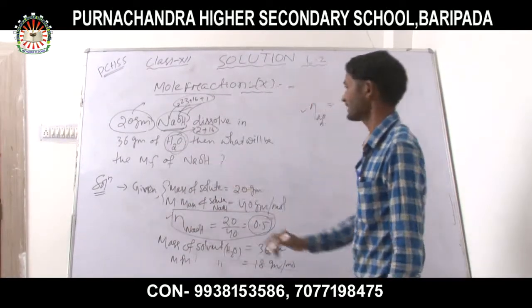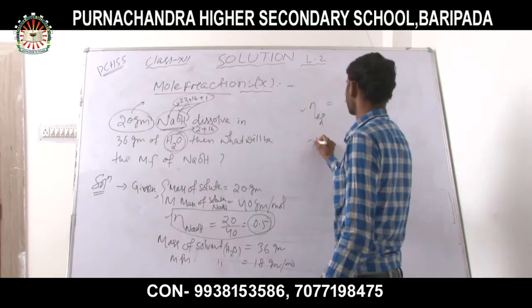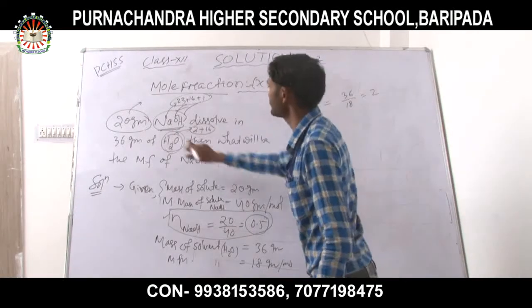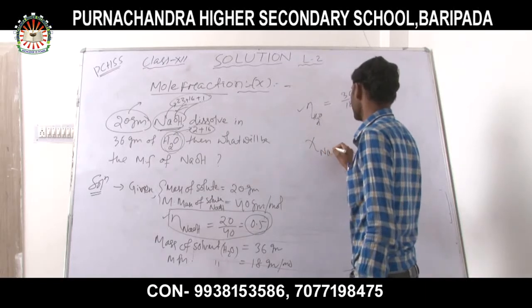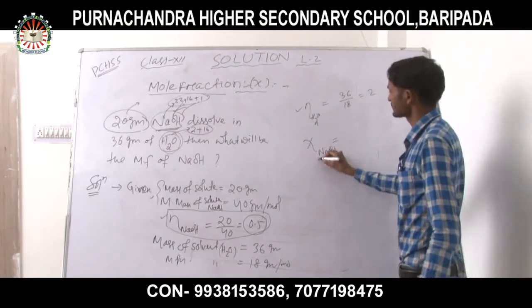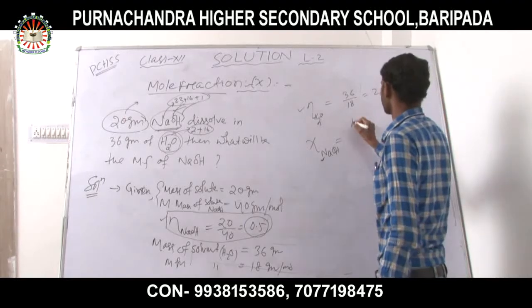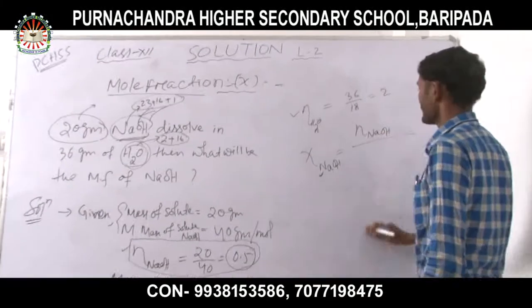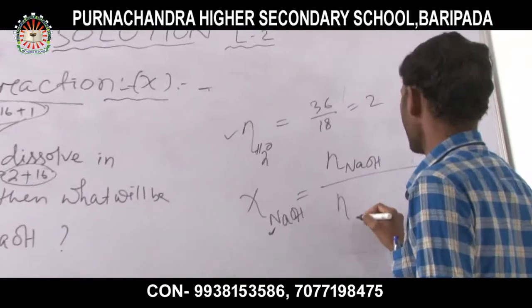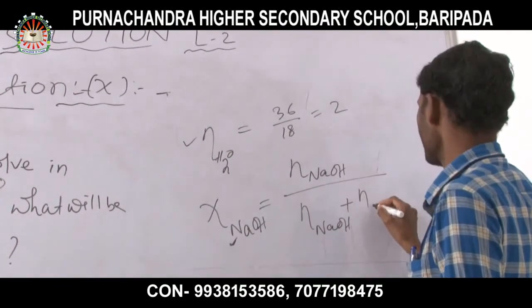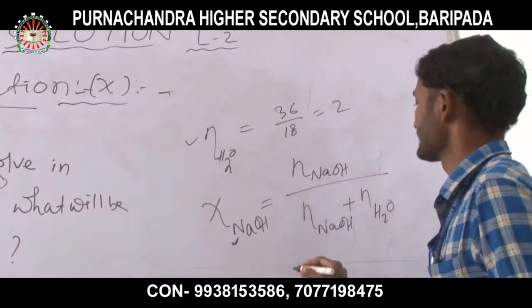Now we can calculate the mole fraction of solute. Here the solute is sodium hydroxide. The mole fraction equals the number of moles of solute, that is sodium hydroxide, divided by the number of moles of sodium hydroxide plus the number of moles of water.